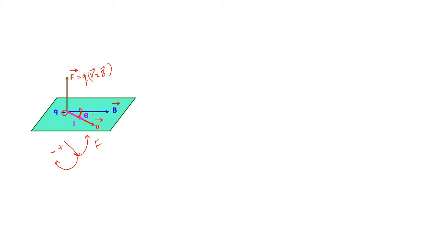For the negative charge we will see again. I considered a plane, with the magnetic field applied in the same direction as before. Now I considered a negative charge moving in the same direction.